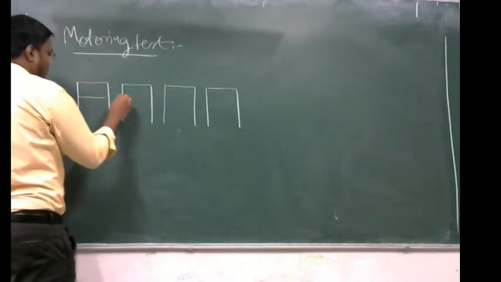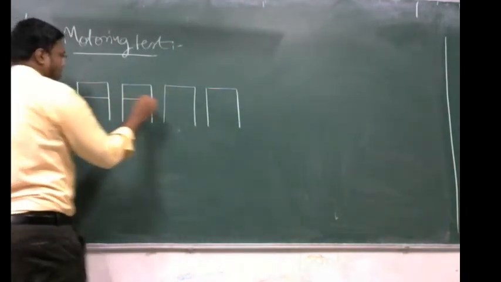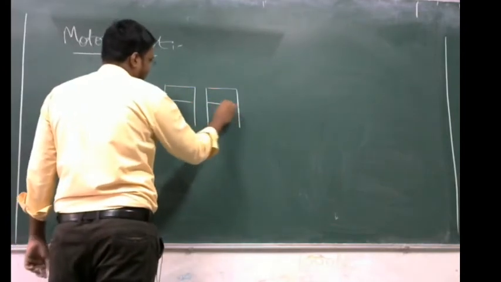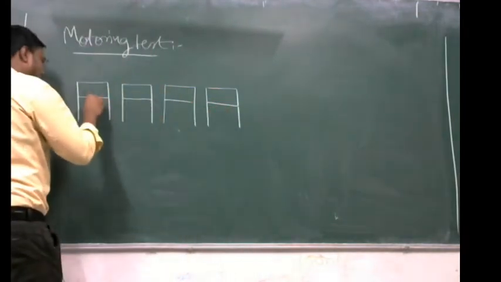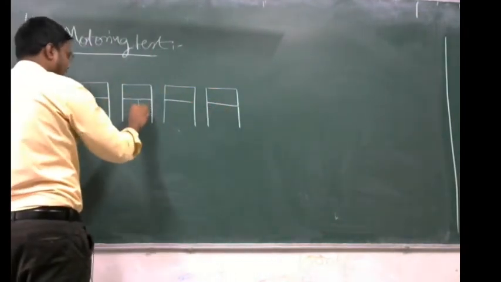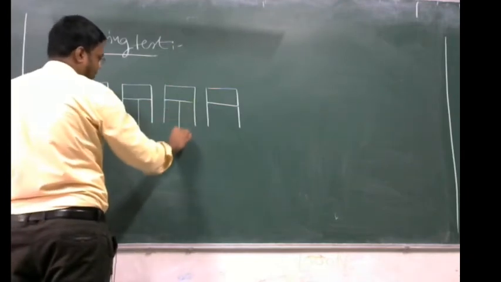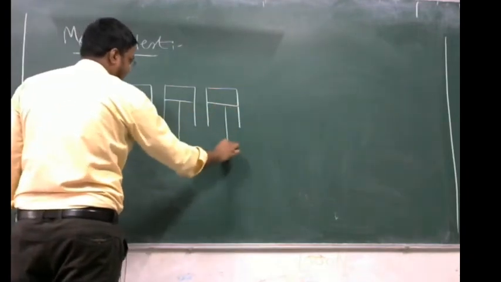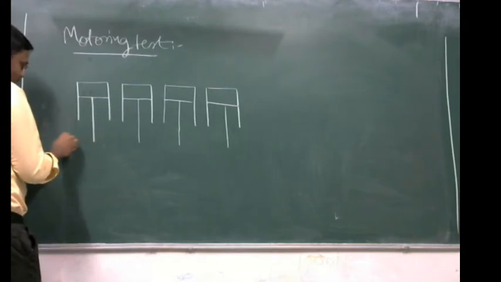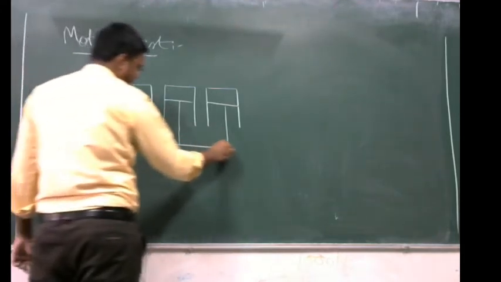In all these 4 cylinders there are pistons, and these pistons are connected to the crankshaft by a connecting rod. Here is the connecting rod and here is the crankshaft.